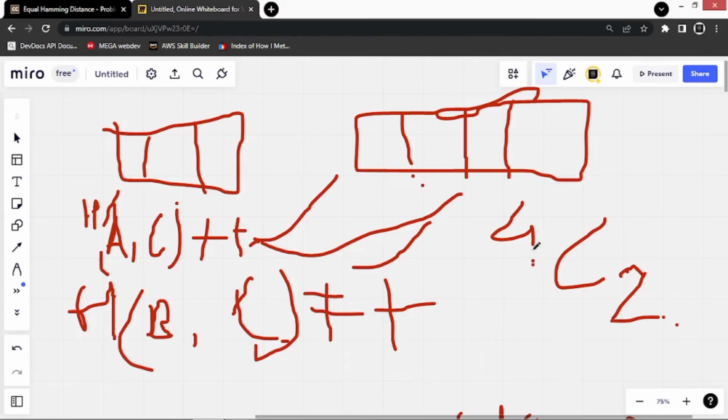Thus for the answer we just need to find the count of the positions where the strings are different, and take count C count by 2, and this would give us the answer.